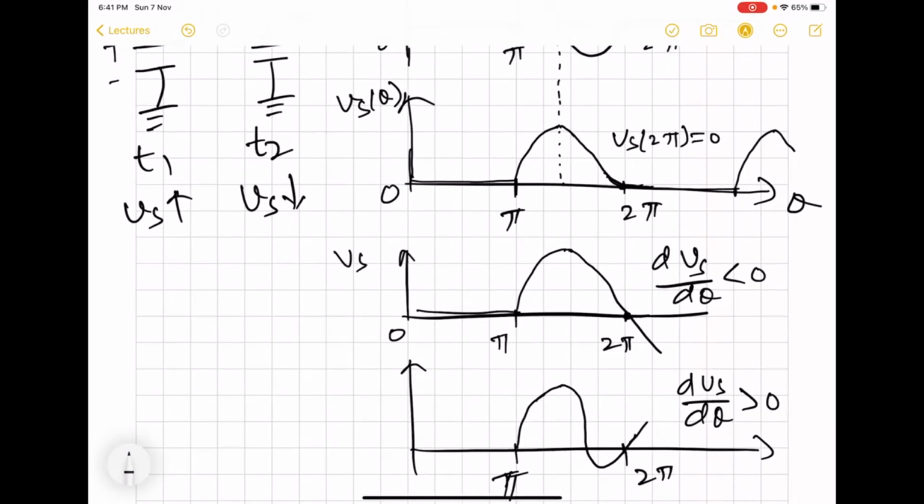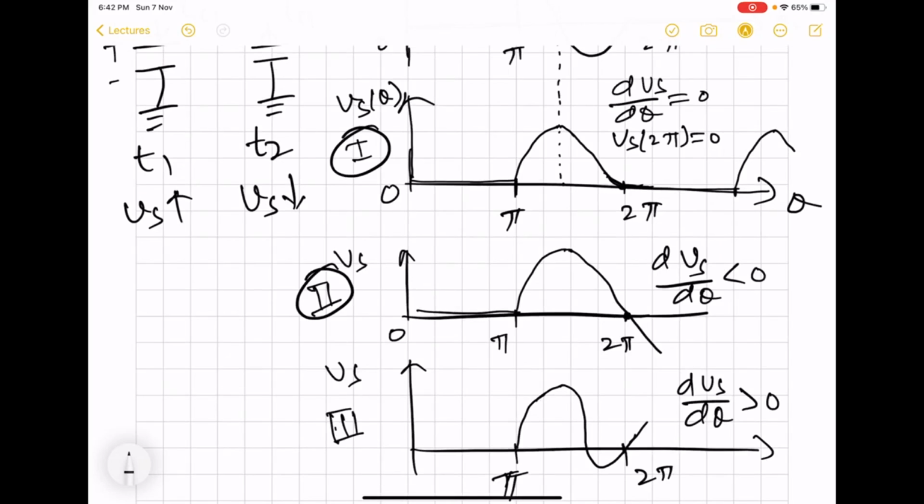But we are going to consider the case when the derivative is going to be zero. So this gives rise to the optimal case of class E, but each of these cases also represents class E. So we are going to study case 1, or case 2, and case 3 will be neglected.